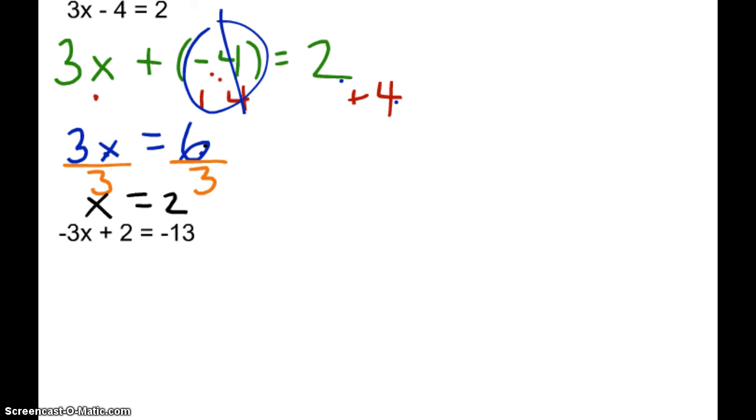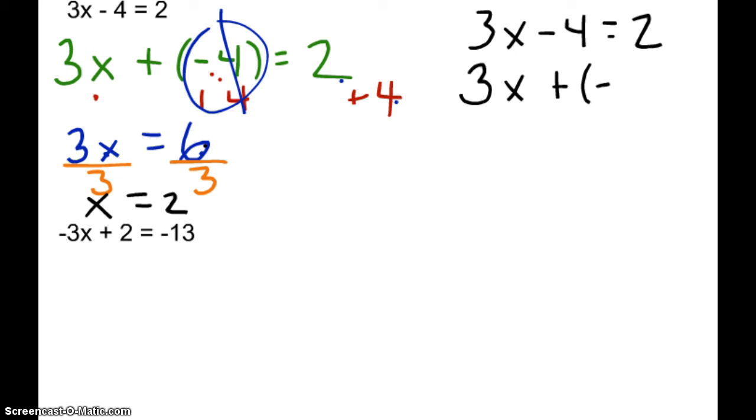So now we need to check it. So let's rewrite it. 3x minus 4 equals 2. And let's go ahead and change it to addition. So 3x plus negative 4 equals 2. Alright, so 3x means 3 times your x's. So we're going to take our value of x, which is 2, and substitute that in.